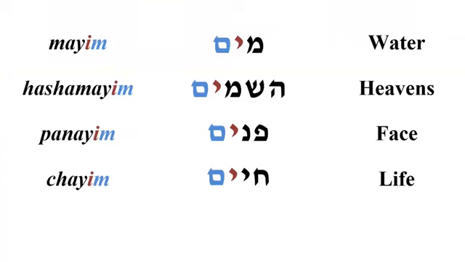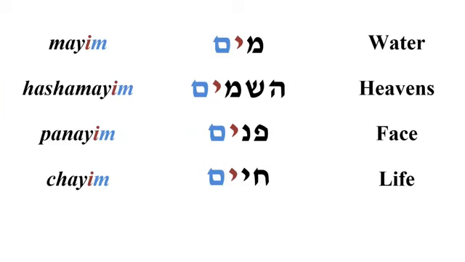If your version says heaven, you're way off. It's definitely heavens, hashamayim. Another word is panayim, which is face, and which is actually faces. We never just have one face. It's always moving, changing. You have faces.